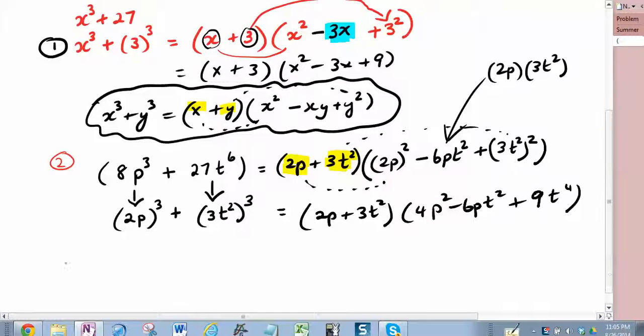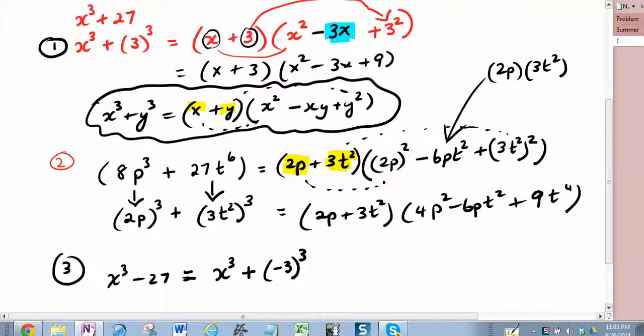Then the last example, I want to go back to how do we do x cubed minus 27. That's pretty easy. I can write that as x cubed plus negative 3 cubed. Okay, I don't need a new result to memorize.